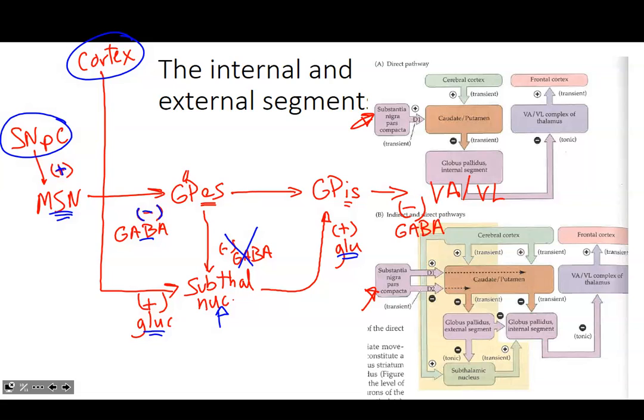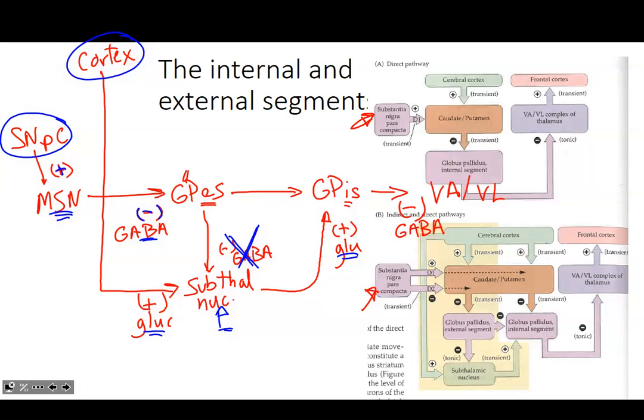Now this is important because the globus pallidus was already releasing GABA. So release of GABA, an inhibitory neurotransmitter, inhibits the GABA release of the external segment. This is disinhibition. If we have negative output and you add a negative, basically we now have a positive. We've disinhibited neurons of the subthalamic nuclei.